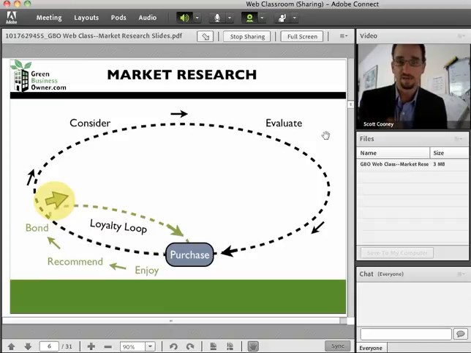So the key to getting them into this is that bond part that I talked about a little bit before. That's the critical element of where you can really lock in a customer for the long term. And when you lock in a customer for the long term, what you're effectively doing is building the green economy, because this person keeps coming back to you and buying from you.